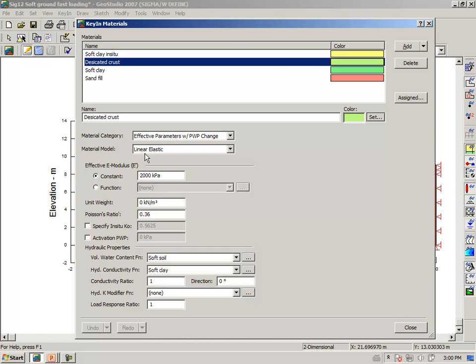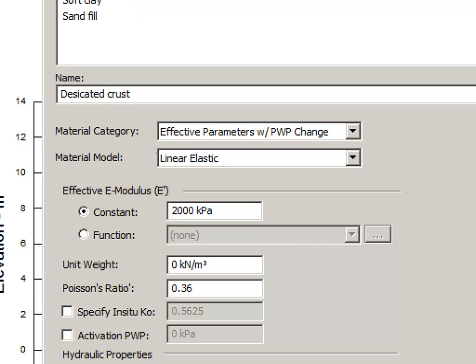However, considering that the soil is desiccated and likely stiffer and not as soft, we have, in this case, for illustrative reasons, just used a linear elastic constitutive relationship with a constant Young's modulus of 2000 kPa. Also, the unit weight has not been specified because we do not want to apply the self-weight in this particular analysis for the desiccated crust.